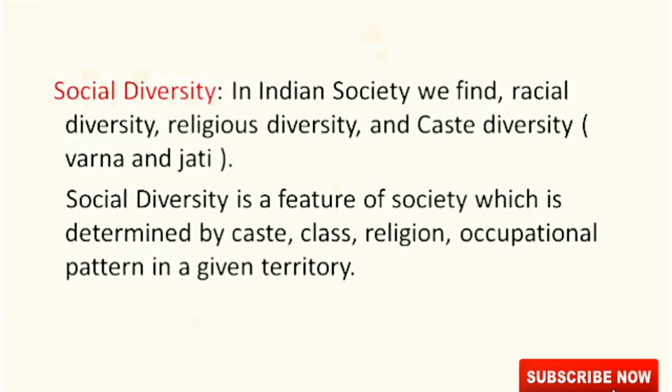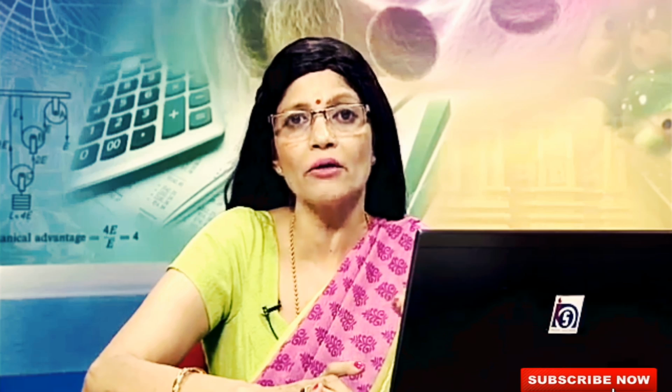So, social diversity is a feature of society which is determined by caste, class, religion, occupational pattern in a given territory. See how the differentiation between the people are determined on the basis of caste and class. Of course, there are so many classes, there are so many castes, there are so many religions in our India.